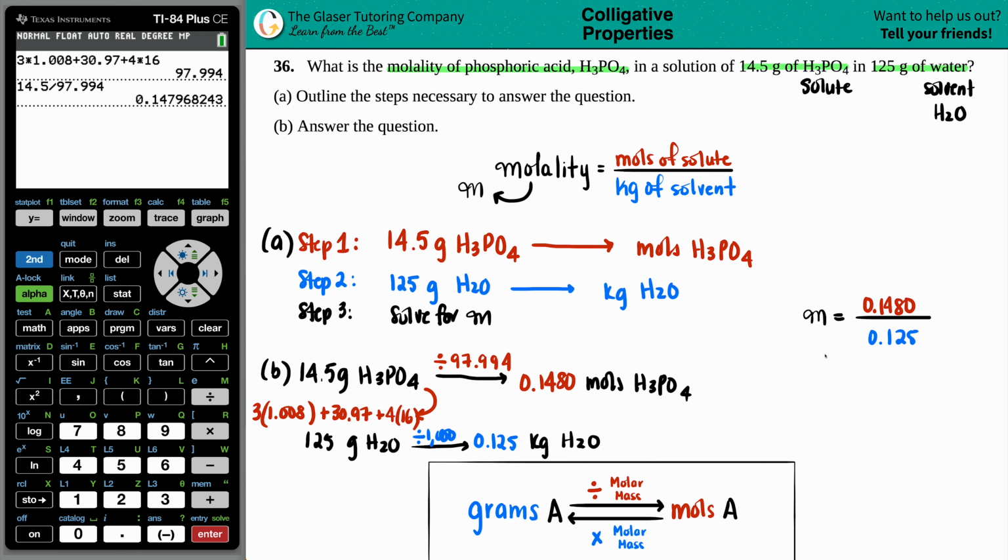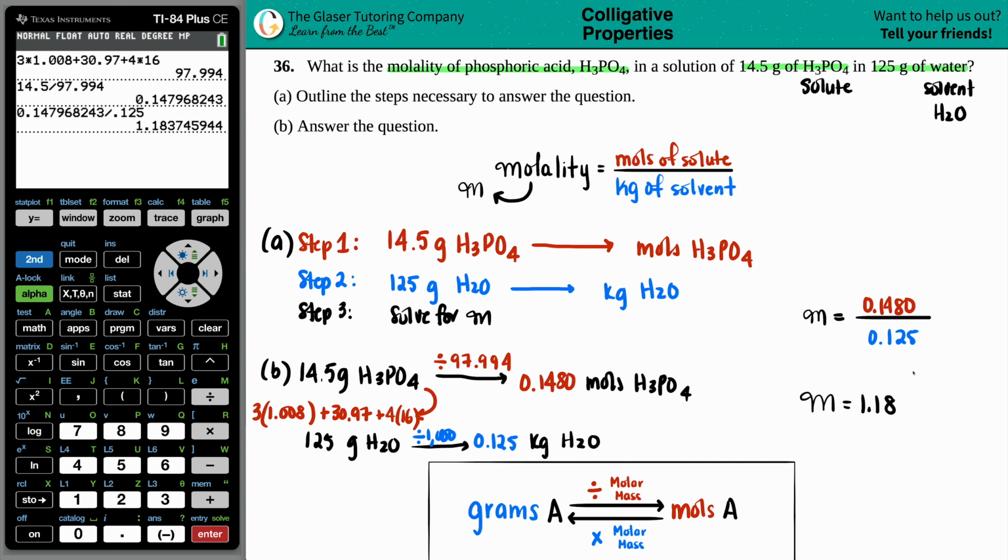And now, M equals, I'm just going to take this full number right up here because there's no rounding technically until the last step or your answer. I didn't want to write down 20,000 decimal places, divided by 0.125. And now, looks like 3 sig figs, so 1.18.